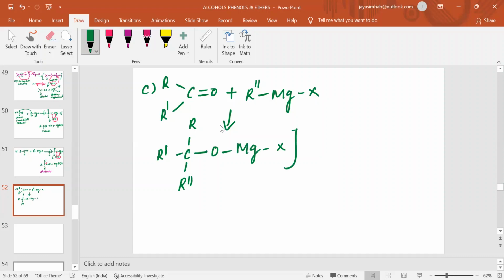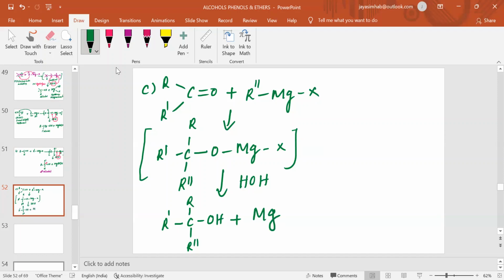This is the adduct. Again, this will undergo hydrolysis and form a tertiary alcohol: R prime, C, R, R double prime, OH plus Mg(OH)X.